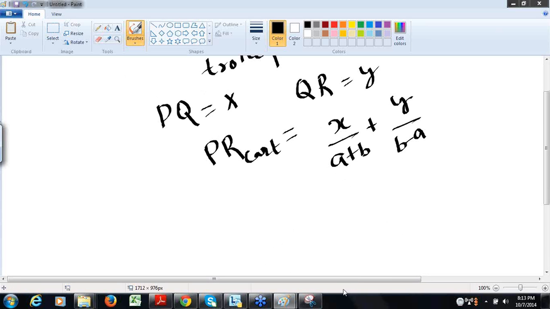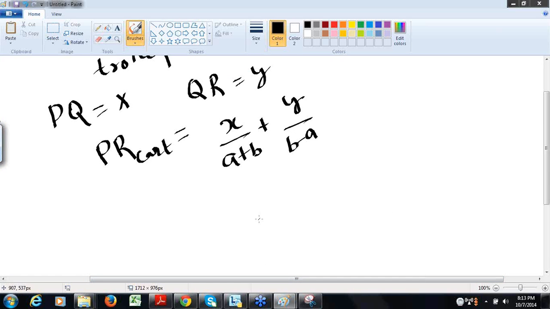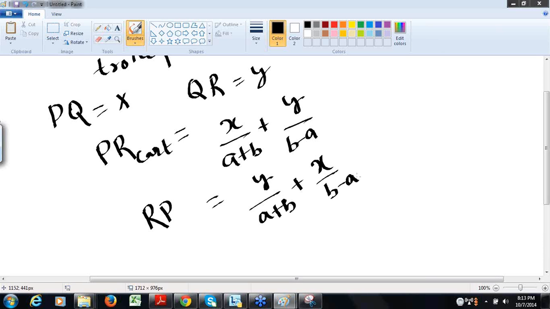Similarly, while coming back, RP, what will happen? Y upon A plus B plus X upon B minus A. That will be the time taken.